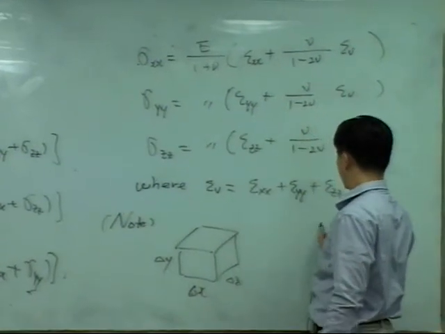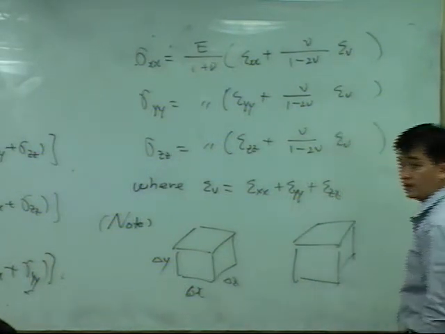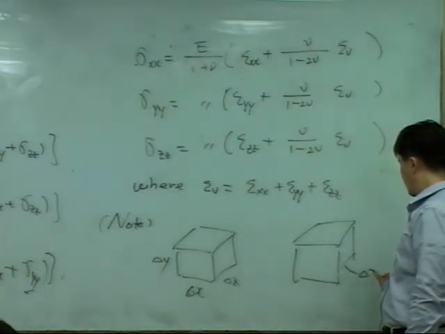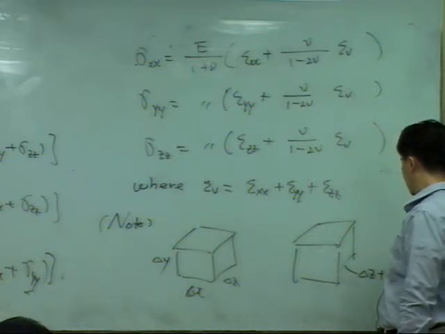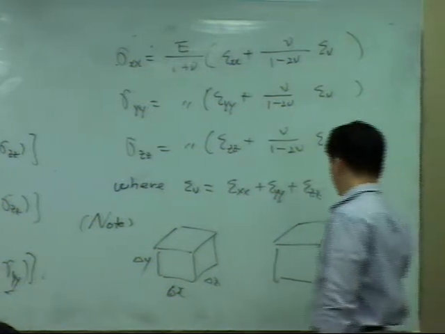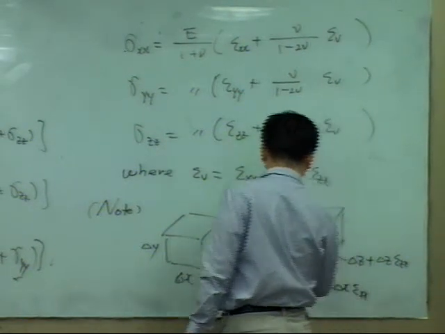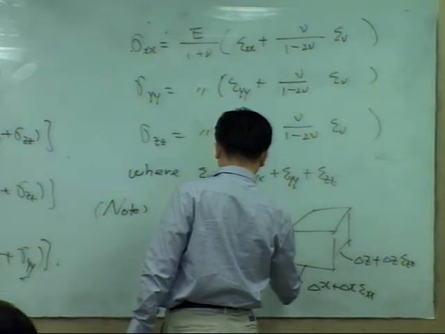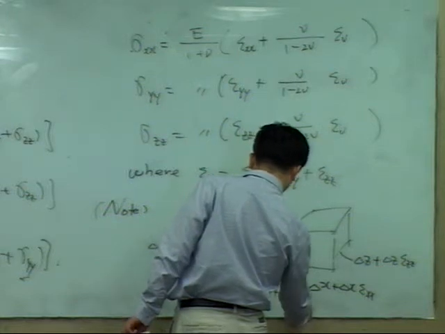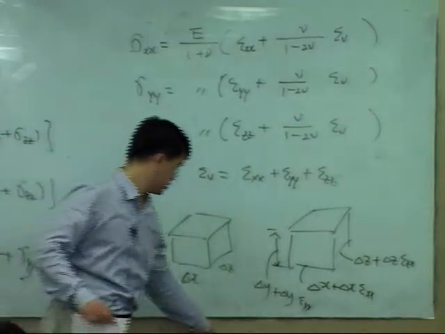And this is the original; after deformation, just normal deformation due to the normal strain, the length will change: dx plus dx times strain XX, dy plus dy times strain YY, and dz plus dz times strain ZZ. So the volume will change. Look at this.